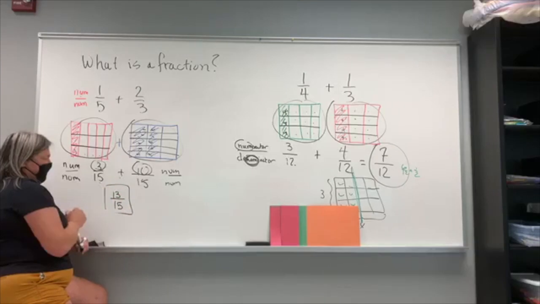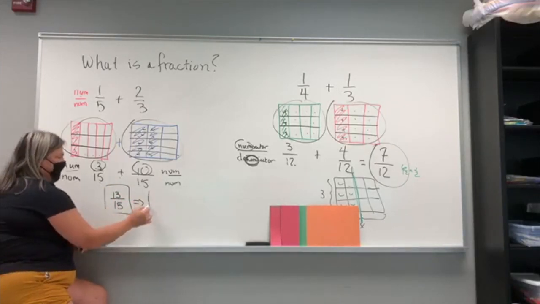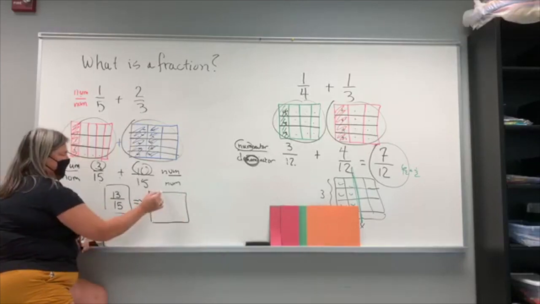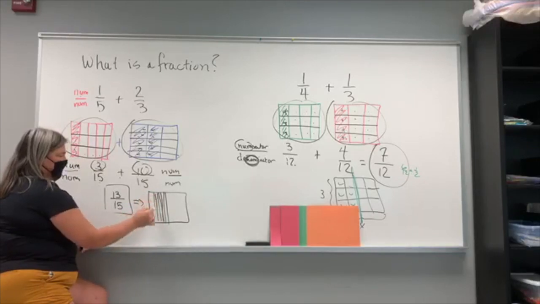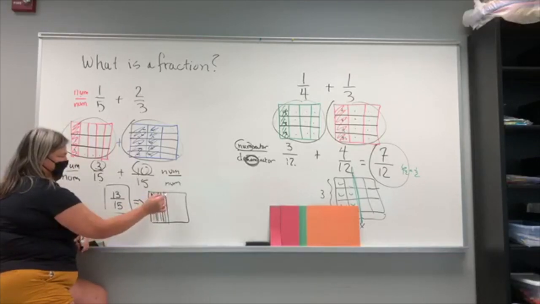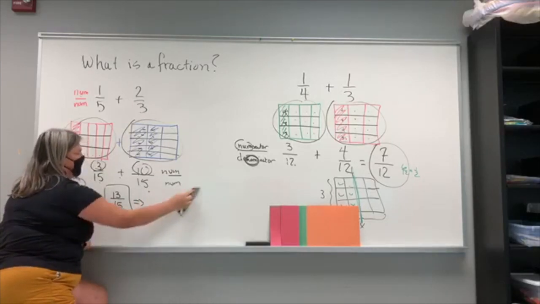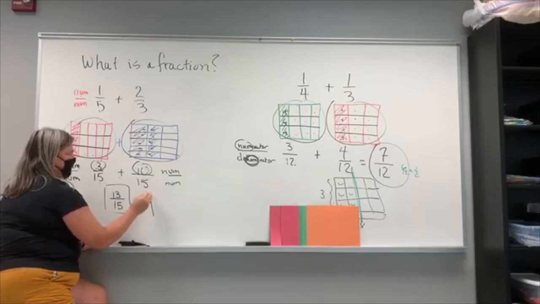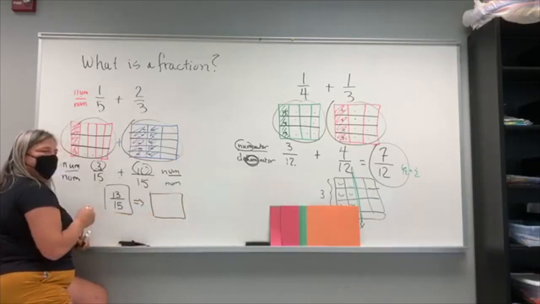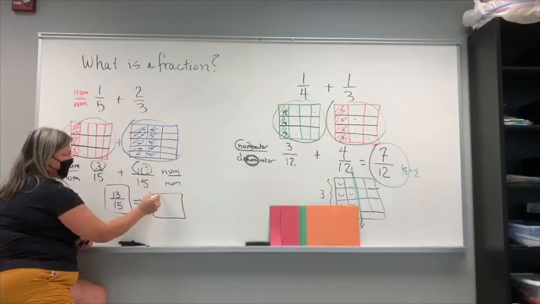So now let's think about this. Is it more or less than a half? If we have 15, that means we have 14 lines. There's 1, and then let's put 7 on each side.